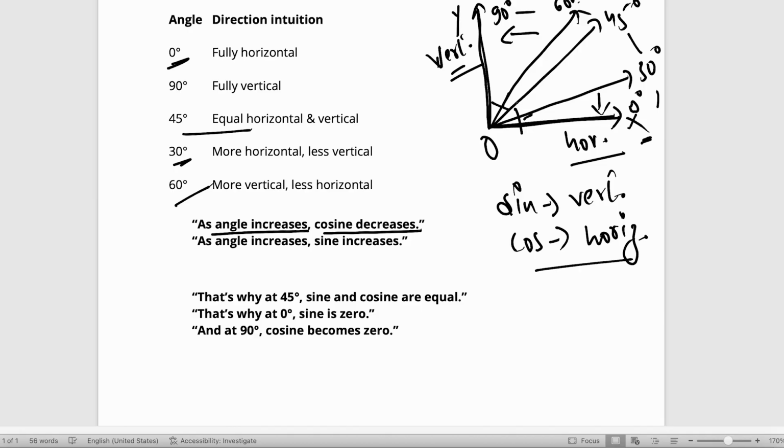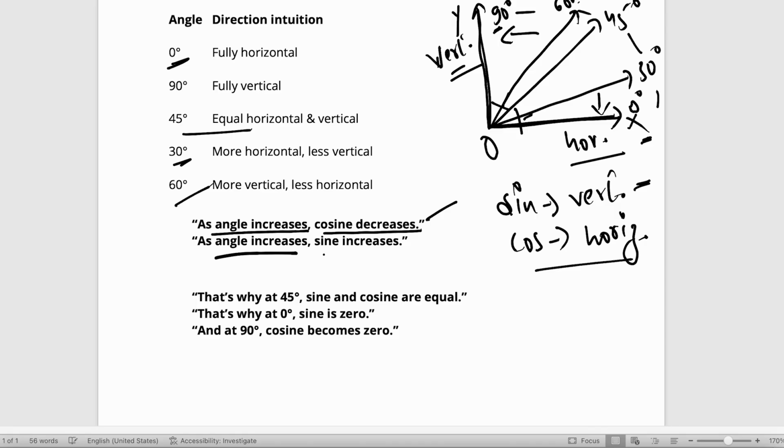As the angle increases from 0 to 90, we are moving from horizontal to vertical. That means as the angle's value increases, the cosine value will decrease. Similarly, because sine is more concerned with the vertical component, sine will increase. Why? Because as we move from 0 to 90, we are moving from horizontal to vertical.